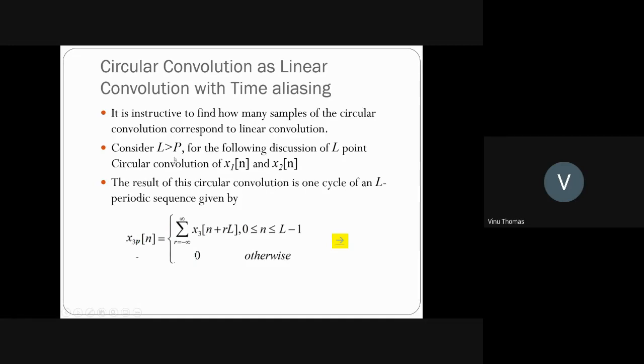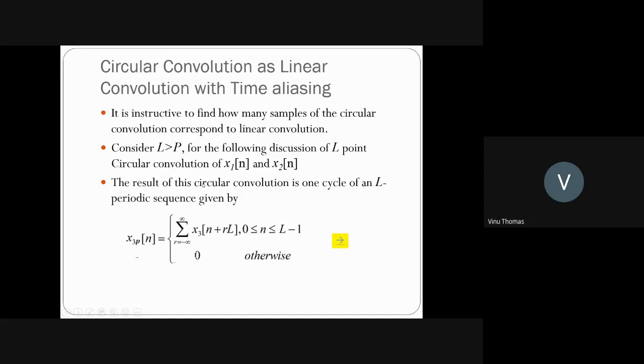Here we are assuming the circular convolution of 2 sequences, x1[n] and x2[n]. Let L be the length of x1[n] and P the length of x2[n], with L greater than P, and we will be doing an L-point circular convolution. We know that some of these samples are incorrect and some are correct.